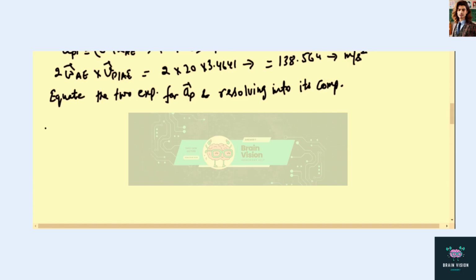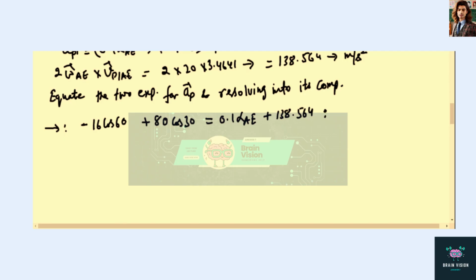So if we take horizontal component, right direction to be positive, it will be minus 16 cos of 60 plus 80 cos of 30 is equal to 0.1 alpha AE plus 138.564.